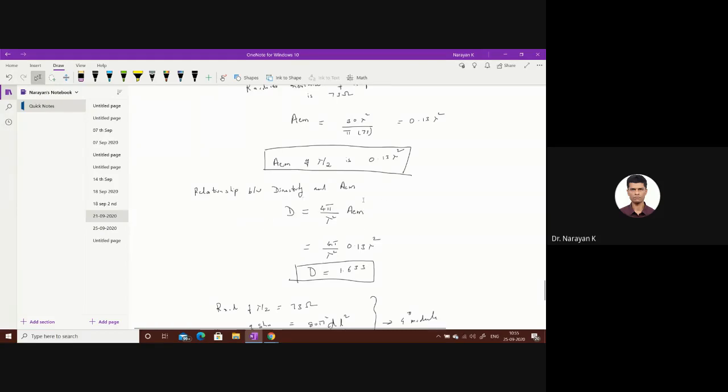Please write down this formula. So what will be your effective aperture? D into lambda square by 4 pi. Got it?